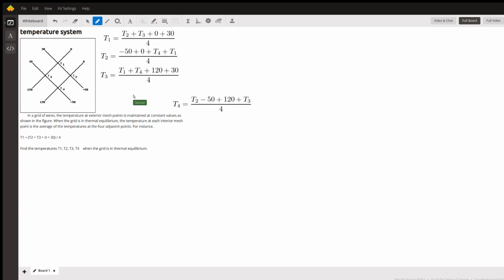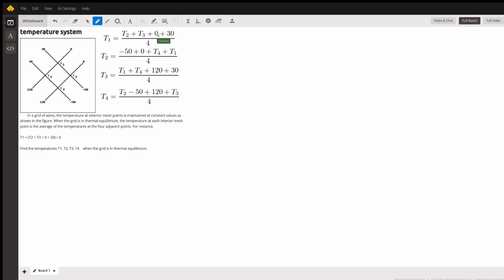All right, so we have all the averages of all the interior mesh points. And now what we're going to do with them is make them into standard form, where we make all the variables on one side of the equation and constants on the other side.